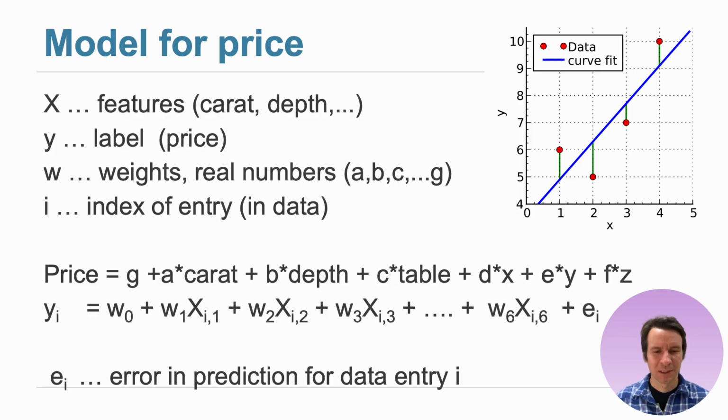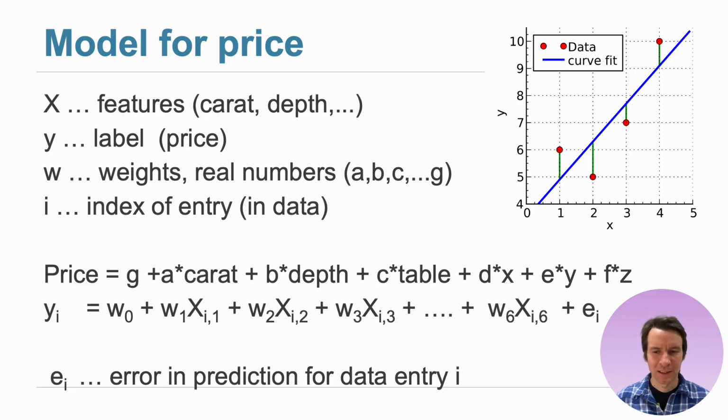You can think of it that the w0, w1 x_i1, and so on, all of these will make a line. So you have the picture on the right where you have the line, right? And in the line, if I would say x equals 1, then I get the blue point on the line. That's the term w0 up to w6 x_i6. But the actual value, the y_i, is the red dot that is at 6, right?